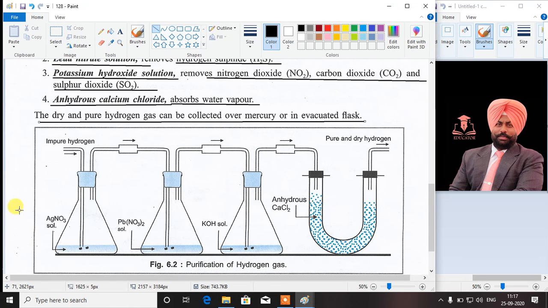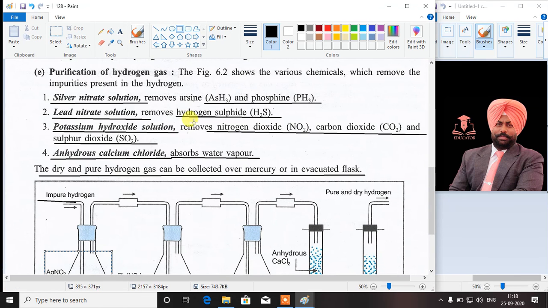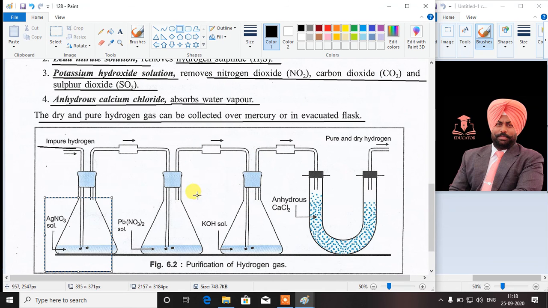Here is the diagram to illustrate that the hydrogen with all the impurities is passed through the first container, which is a conical flask having silver nitrate solution, which absorbs arsine gas and phosphine gas. The second conical flask contains lead nitrate, and this lead nitrate solution removes hydrogen sulfide gas.